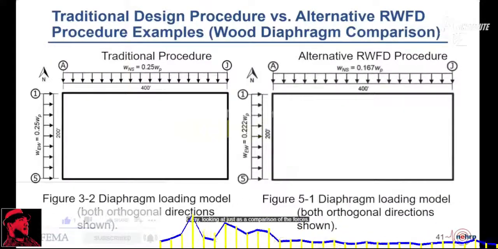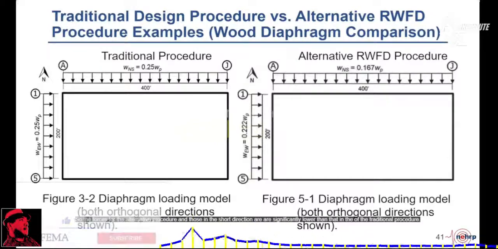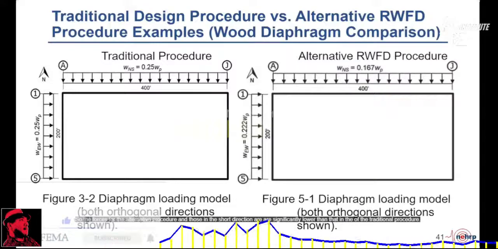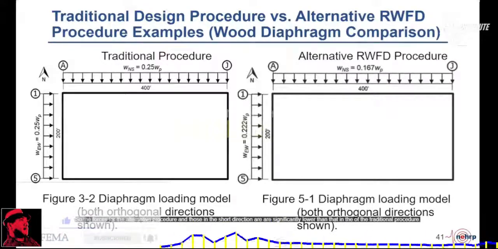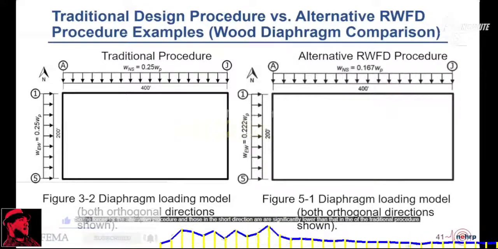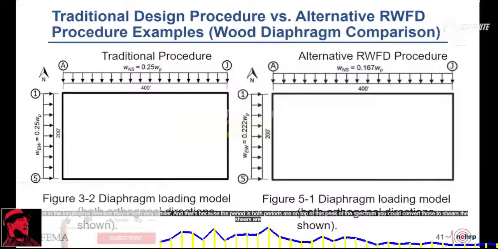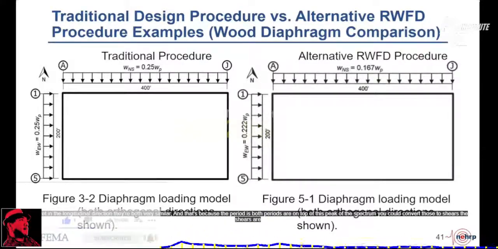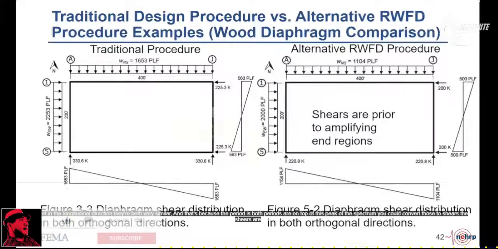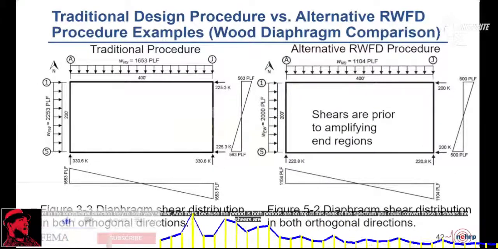Okay, looking at just a comparison of the forces. The forces for the alternative procedure in the short direction are significantly lower than that of the traditional procedure, and yet in the longitudinal direction, they're both very similar, and that's because both periods are on top of the peak of the spectrum. You convert those to shears.